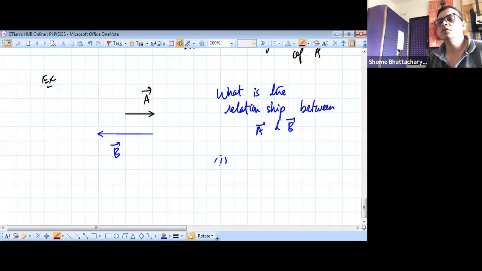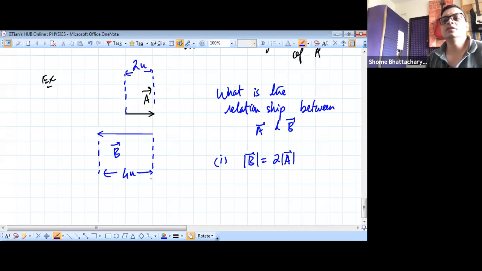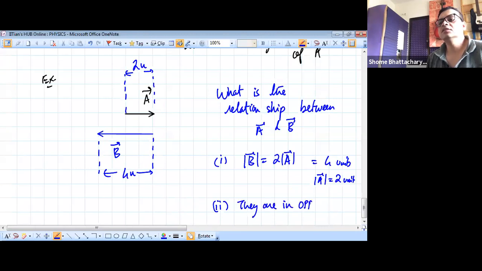We can see that first of all, the magnitude of vector B is 2 times the magnitude of vector A, because its length, this length is like 4 times some unit, because one box is 1 unit, whereas the length of this one is 2 times that unit. Okay. So you can see that this is 4 times some unit, whereas the magnitude of A was 2 times of that. So second, we can also see that they are in opposite directions.